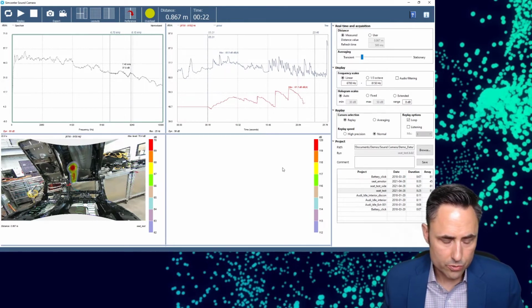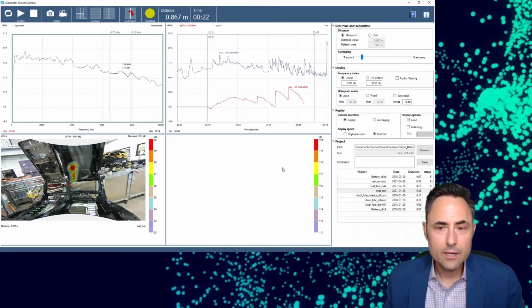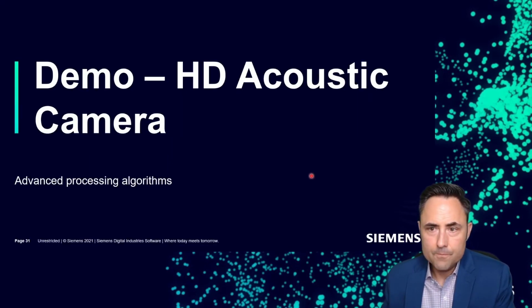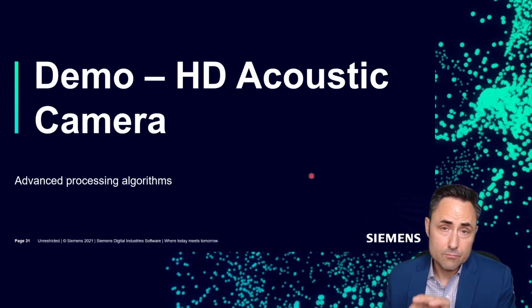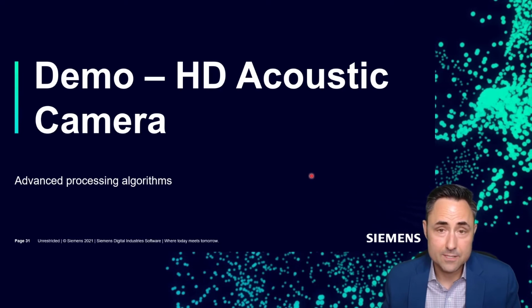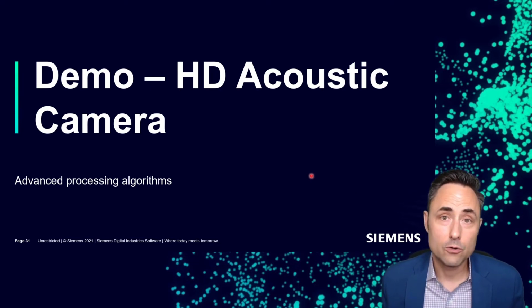Now, to show you some of the other capability with this tool, we can take that data measured with the Sound Camera and bring it into TestLab and do some advanced processing with some more powerful algorithms.